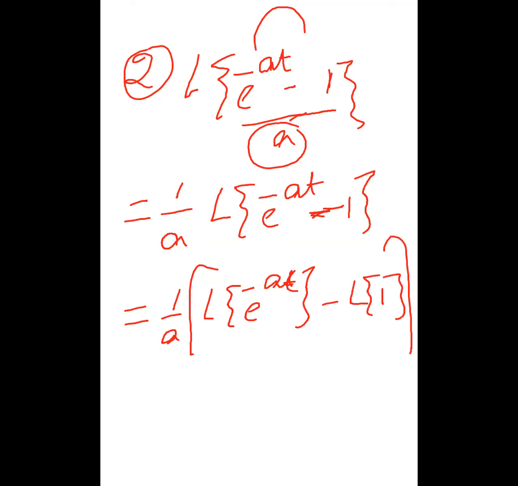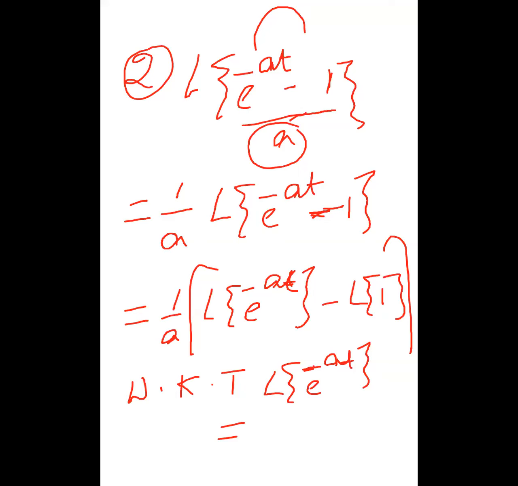Now applying the general formulas of Laplace transform, we know that L of e power at and L of e power minus at, this is the third result of the Laplace transform. Yesterday I explained 8 results with proofs. So first one is L of 1 equal to 1 by s. Second one is L of e power at equal to 1 by s minus a. Here, the multiple of a is plus, and we get the answer with minus a.